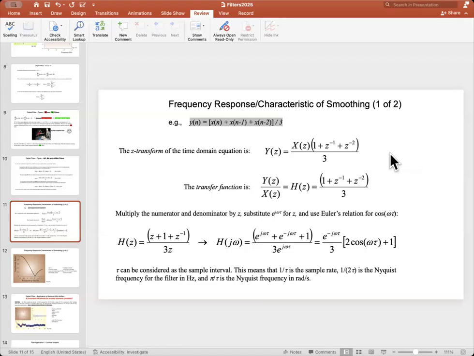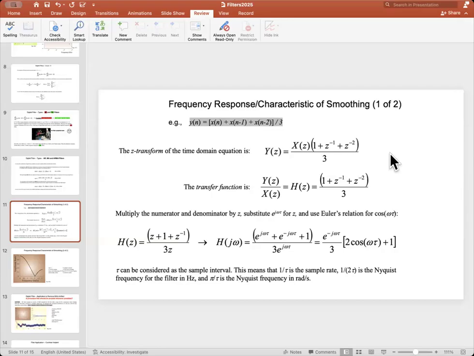So here we go from transfer function to the frequency response. Using Euler for the cosine, you can simplify the expression a little bit, although that's not necessary. It's commonly done. So now we have that expression. H(jω) is this complex exponential times this cosine plus 1 expression.